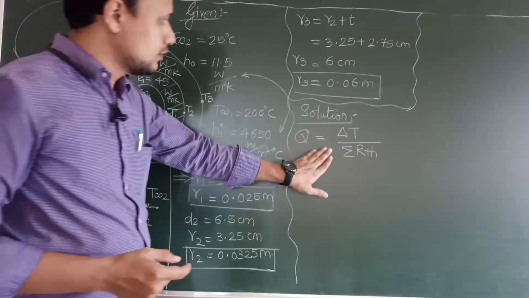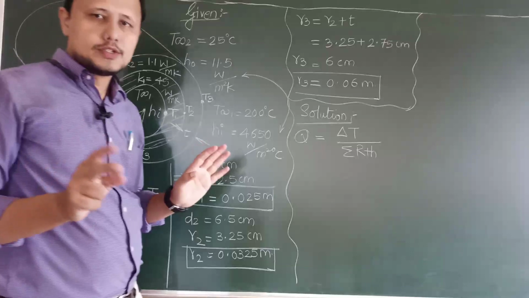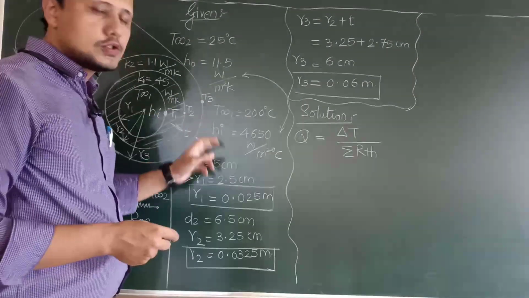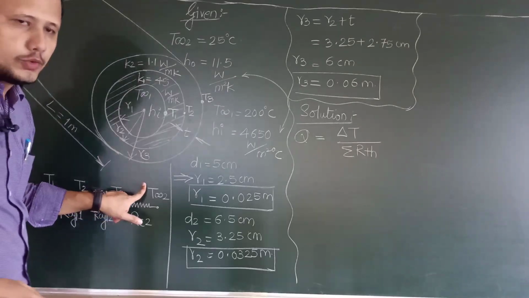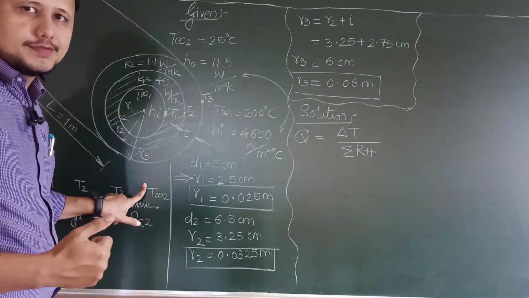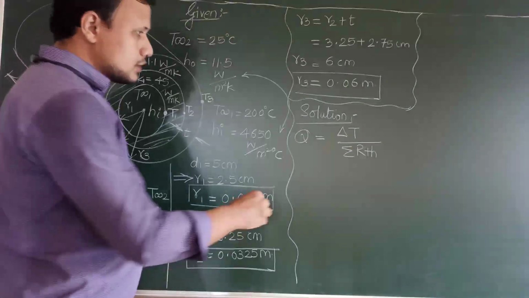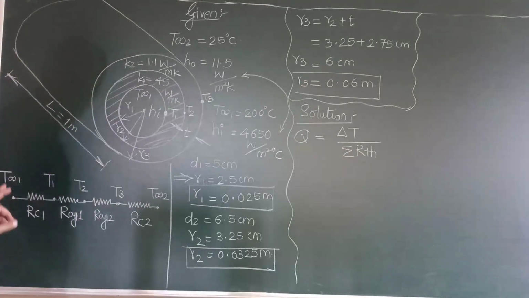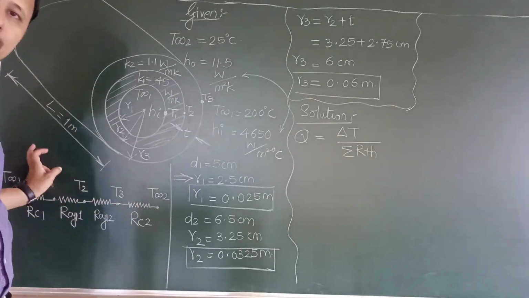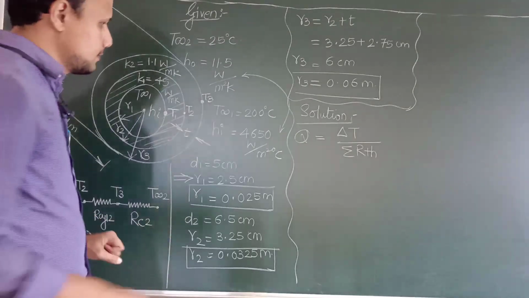Why am I using this formula? Because on the inside I cannot apply Newton's law of cooling. On the outside also. Why? Because I only know T infinity 1 and T infinity 2. I do not know the heat transfer rate, and that's why I have to utilize this approach. So let us see what to do with this summation of RTH. For this entire span of temperatures, it is the summation of all these thermal resistances.